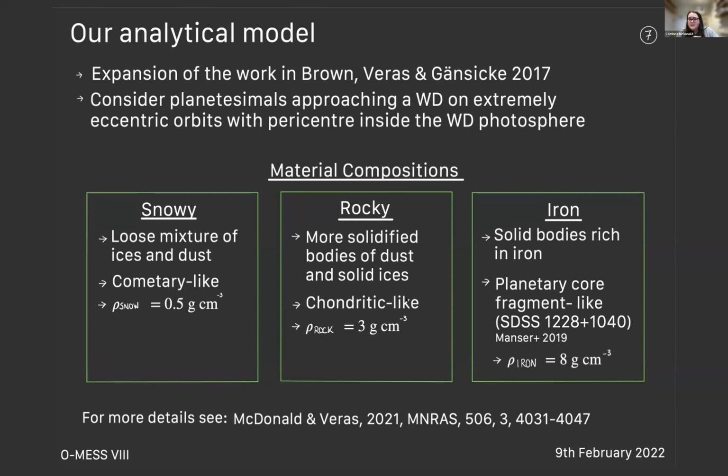And this is an important one to consider based on the inference of a planetary core fragment orbiting inside the gaseous debris disk around SDSS 1228 from Manser et al. 2019. So we know that there are these extremely dense objects in white dwarf systems. We want to sort of consider the full range of possible materials.